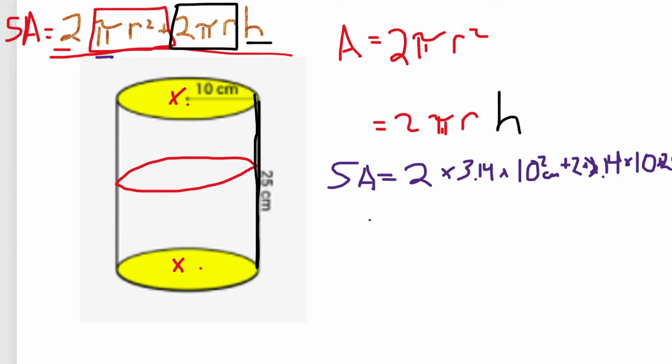So I have 2 times 3.14, and then I'm going to multiply that by 100, because this 10 times 10 is 100, so it's 100 centimeters squared.